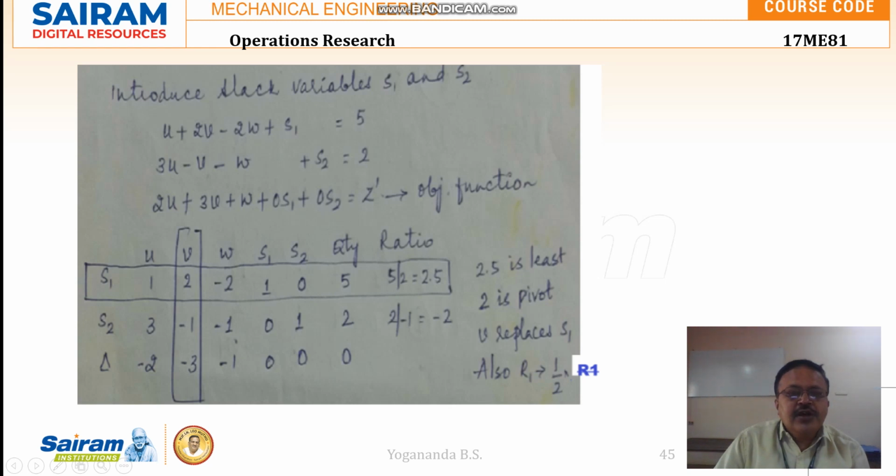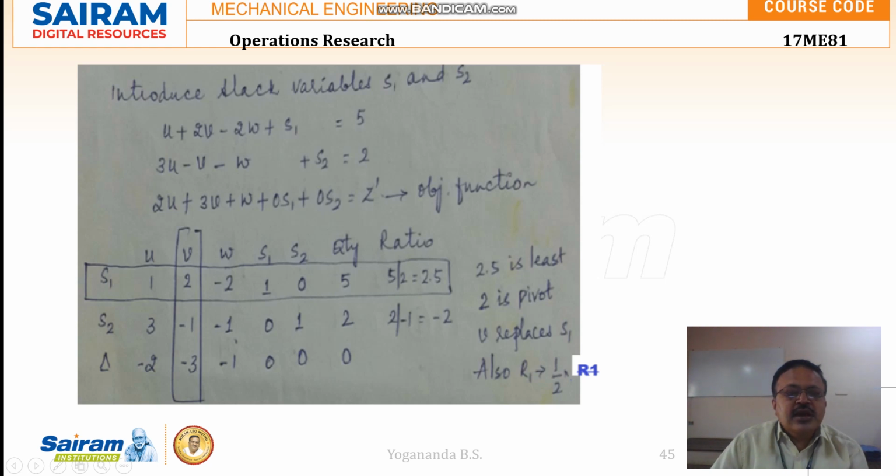Then the objective function row, where we have taken all these variables to the other side, so it becomes z dash minus 2u minus 3v minus w minus 0 s1 minus 0 s2 is equal to 0. So the coefficients are now minus 2, minus 3 and minus 1 with the variables u, v and w.